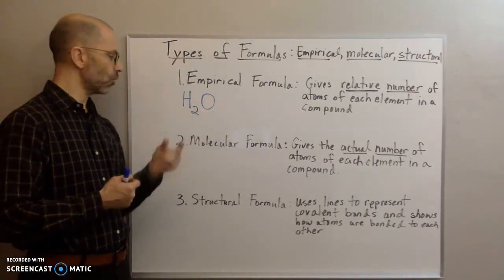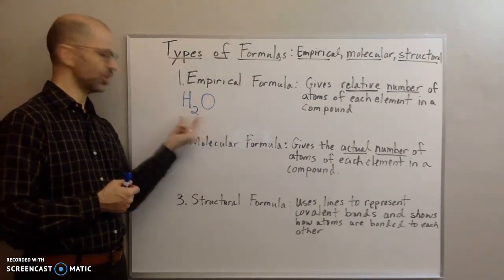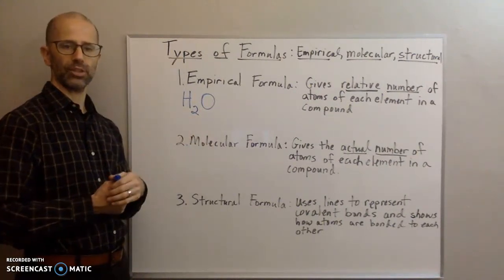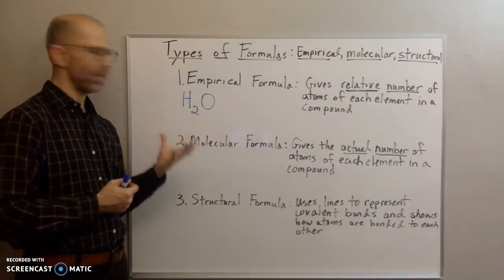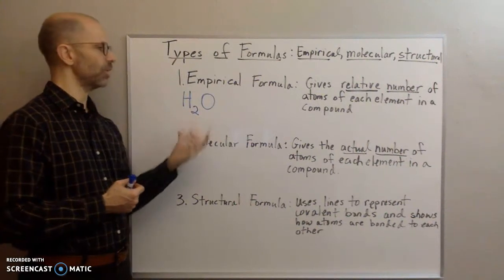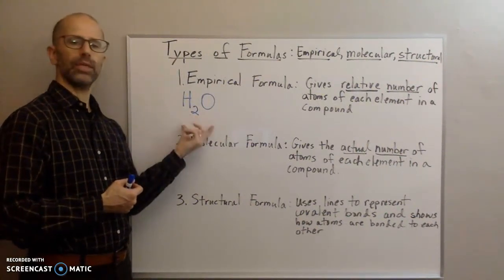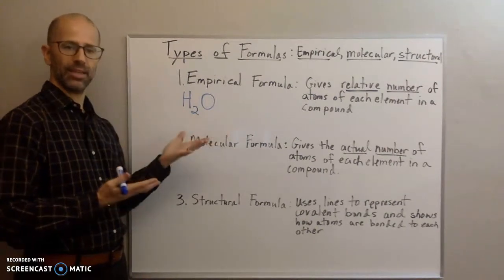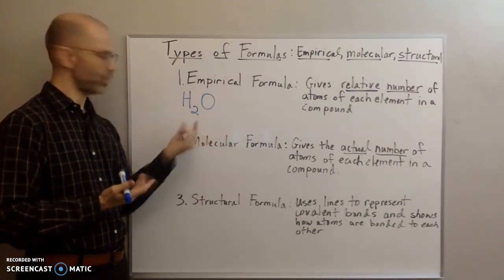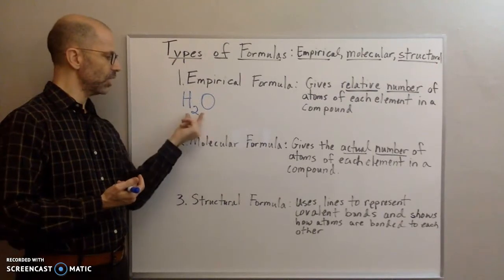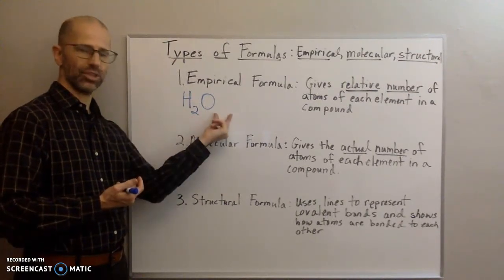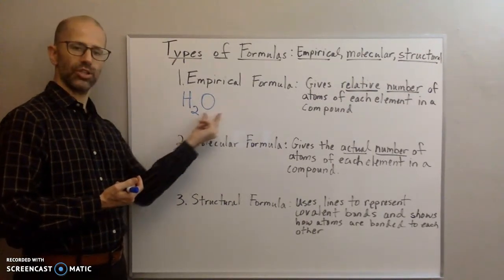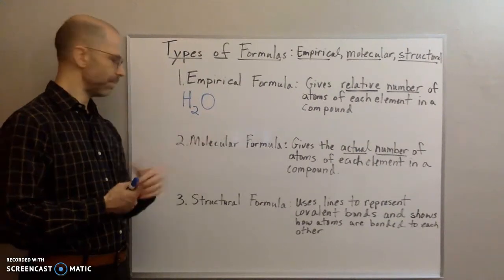Okay, so we have 1 oxygen and 2 hydrogens in this formula. Is this an empirical formula? Yes. The reason is because 2 to 1 is the lowest whole number ratio. So the relative numbers of hydrogen to oxygen, the relationship is 2 to 1, right?